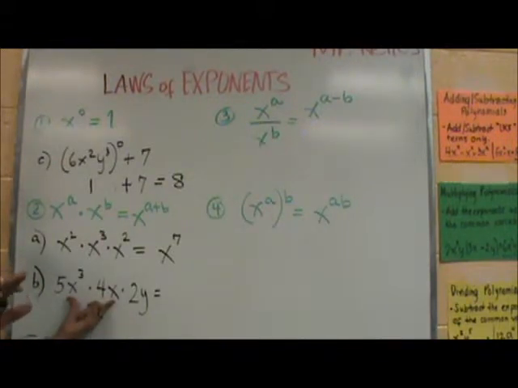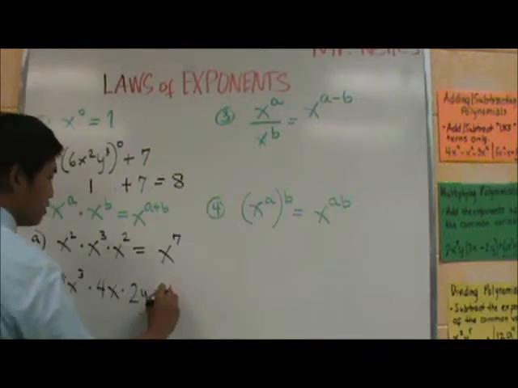But before we do that, we have to multiply all the numbers, which we call numerical coefficients. So we have 5, 4, and 2. In multiplying, we just have to multiply first the numerical coefficients. So that would be 5 times 4 is 20, times 2 is 40.